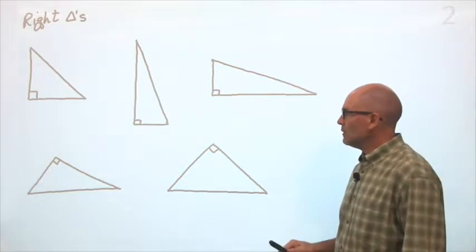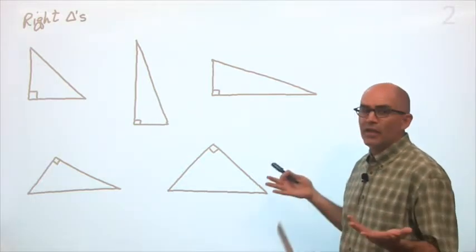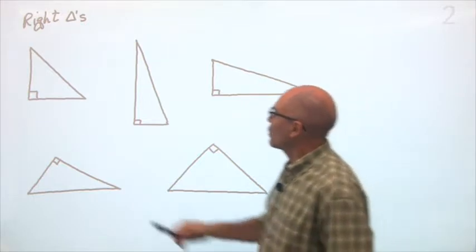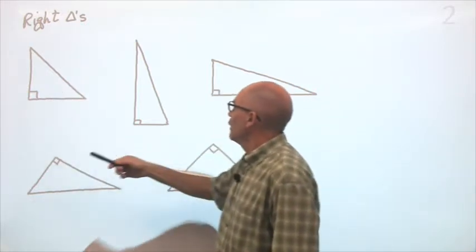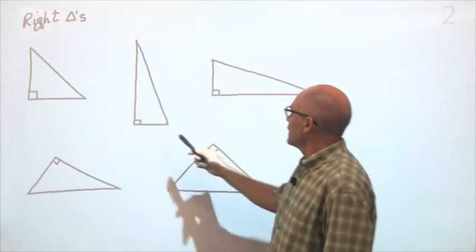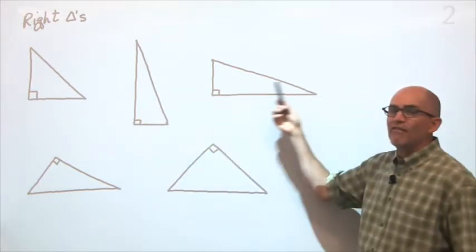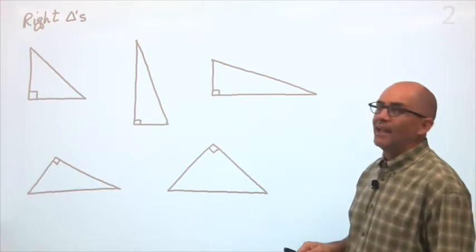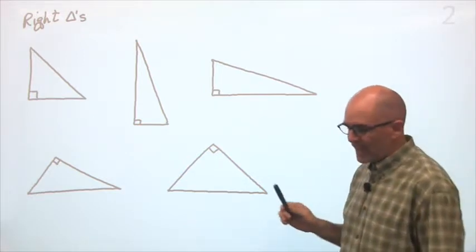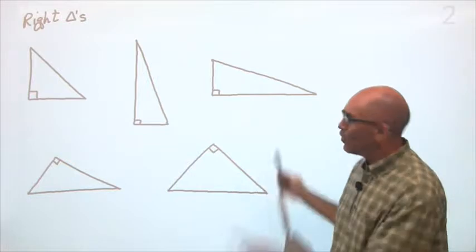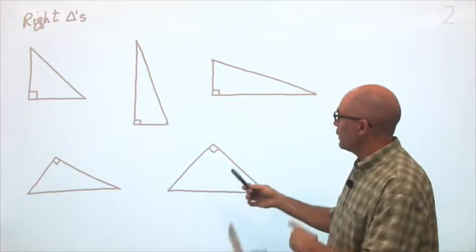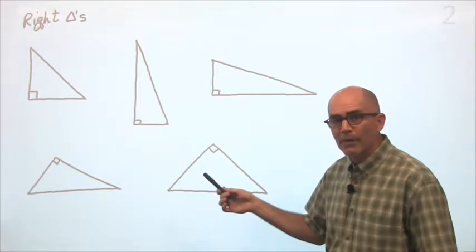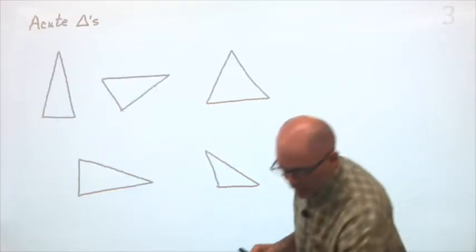Now, right triangles say nothing about the length of sides, so we could have a right triangle that looks like this, or we can make it longer and skinnier, or we can make it shorter and fatter. But they're all right triangles. And, believe it or not, we could actually turn the triangles so that the right angle is somewhere other than the bottom.